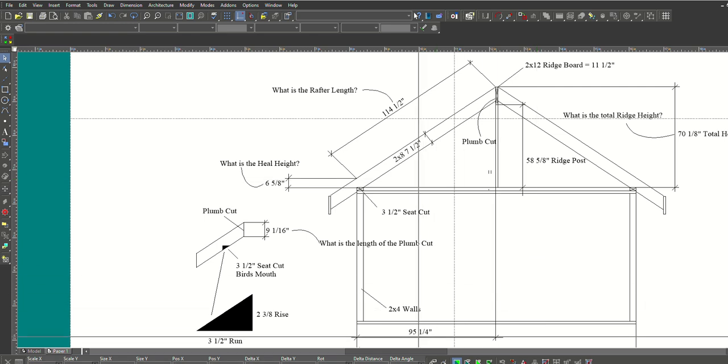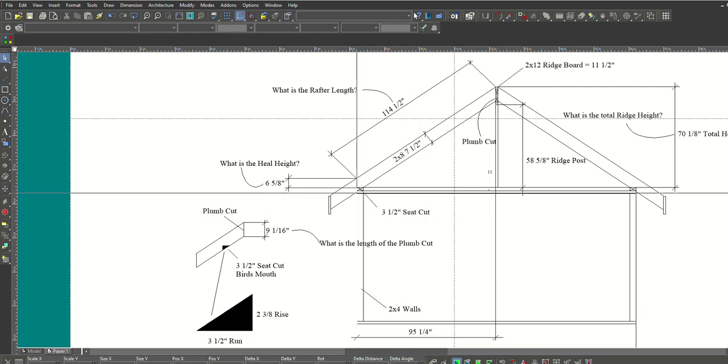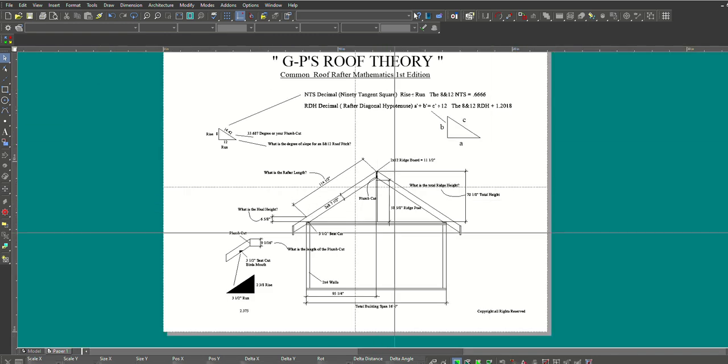So for total ridge height, I have a half span of 95 1/4 from the outside of my wall to my ridge.